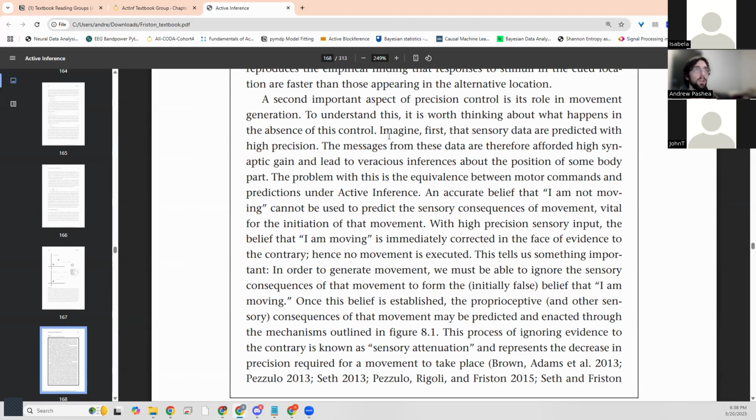The problem with this is the equivalence between motor commands and predictions under active inference. An accurate belief that I am not moving, I'm sitting down, cannot be used to predict the sensory consequences of movement vital for the initiation of that movement. How will I ever move if I firmly believe I'm sitting down? The idea is to attenuate, partially, if not fully, I don't want to say fully, but to some significant actionable degree, reduce one's precision in their beliefs, meaning that dynamic I described earlier of a flattening.